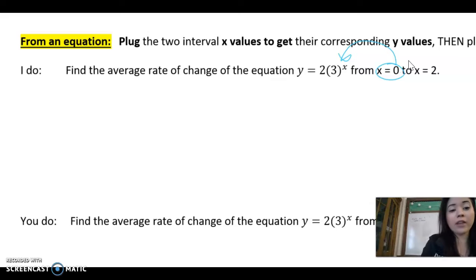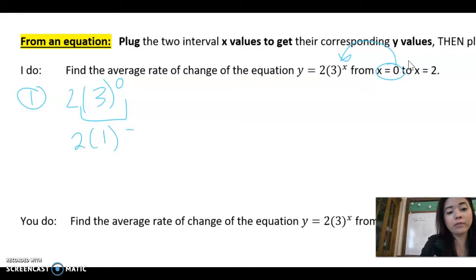So I'm going to start with x equals 0 and I'm going to do 2 times 3 to the 0 power. Remember, we do 3 to the 0 first, and that gives us 1. You can use a calculator if you need to. And 2 times 1 is 2. Now I'll do when x is 2, and we're going to do the same thing.